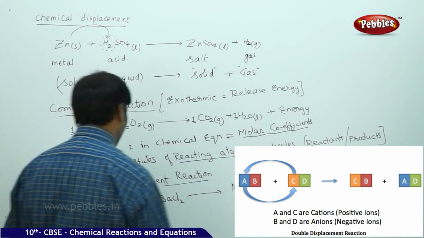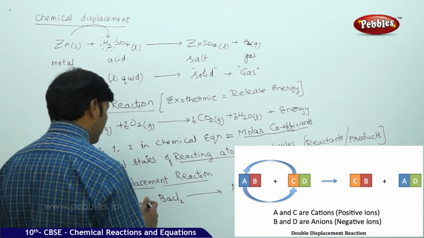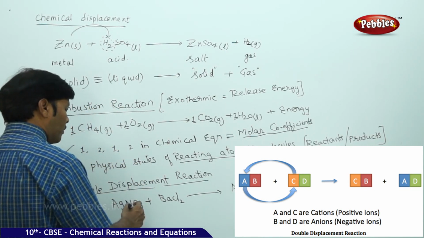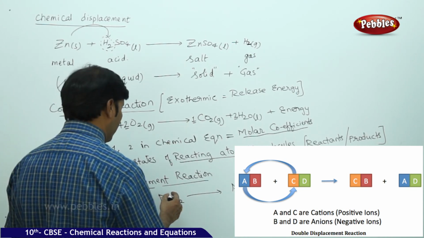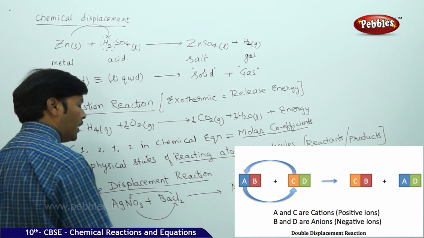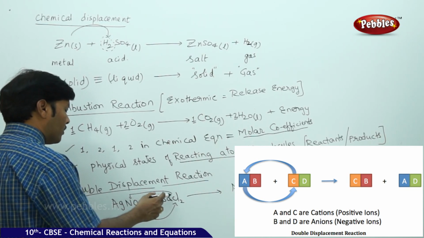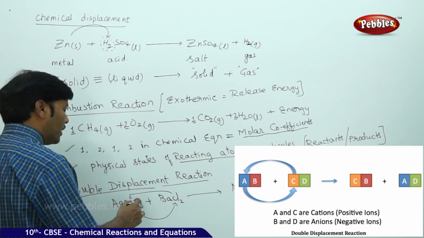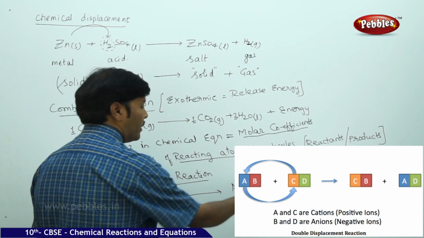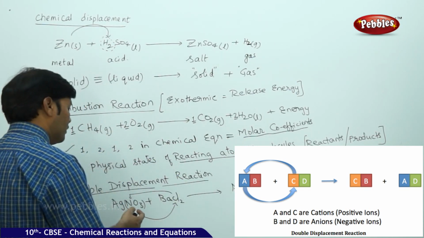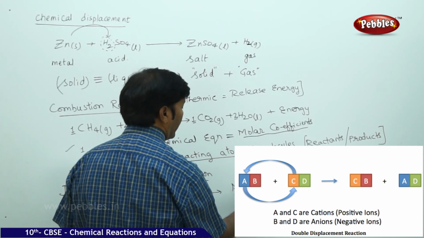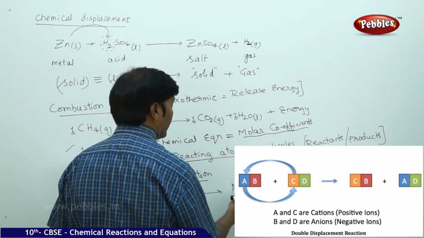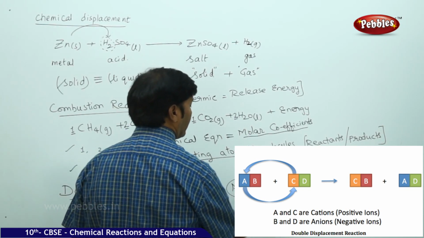That means what is happening here: the chloride ion is being replaced by the nitrate group, and the nitrate group is replaced by the chloro group. The chloro group is occupying the nitrate group's place and the nitrate group is occupying the chloro group's place. That's why here we are getting silver chloride as a precipitate and barium nitrate solution.